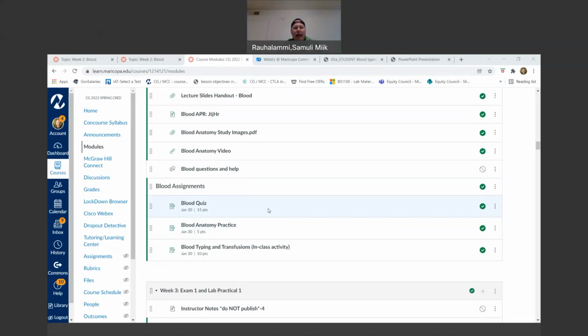The second element that I'm asking you to do for this week's labs or this week's homework is going to be the blood anatomy practice. So again, it's going to be pictures. It's going to be structures that I'm asking you to identify, tell things about, and so on. And both of these are completed on Canvas.